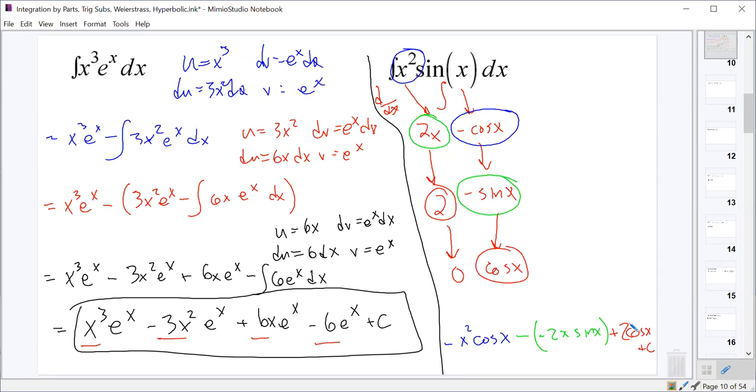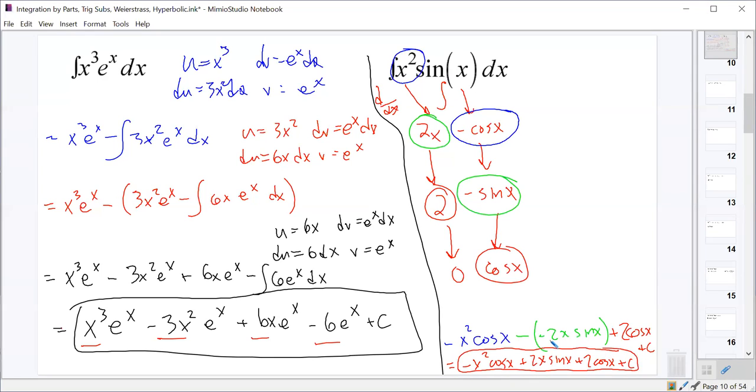Plus our constant. And using this sort of shorthand notation, we end up with negative x squared cosine x plus 2x sine x plus 2 cosine x plus our constant.